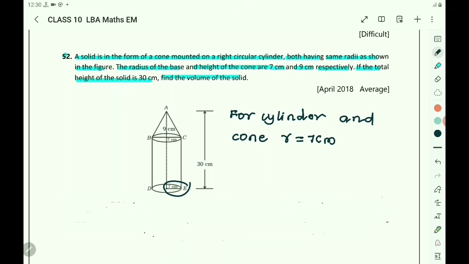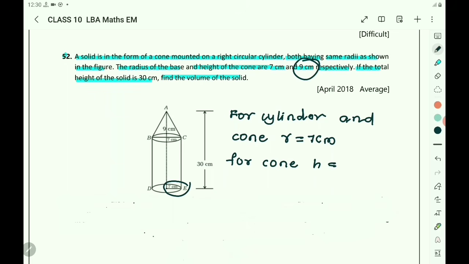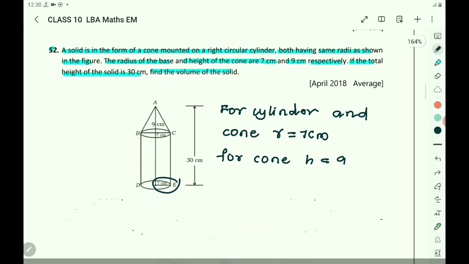And for cylinder, h you can get by subtracting 9 from 30, and for cone h equals 9 centimeter. 9 centimeter.